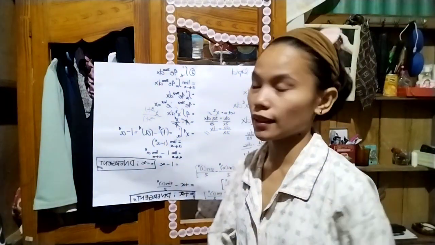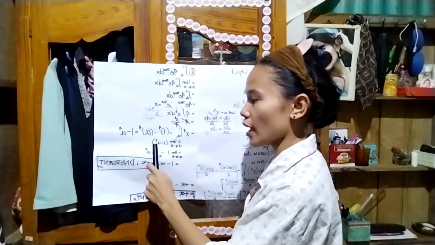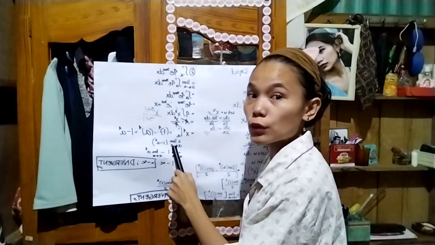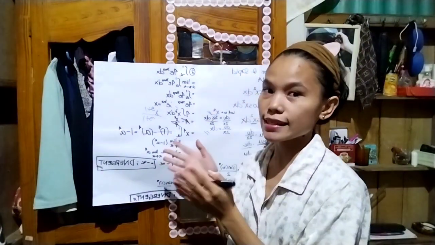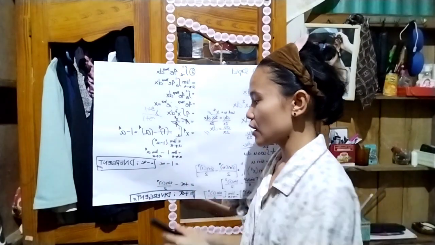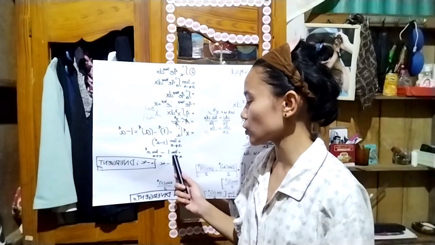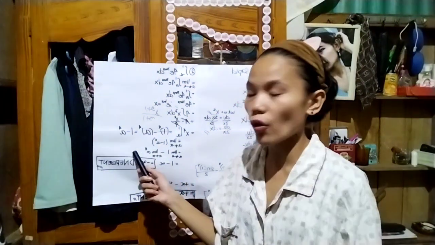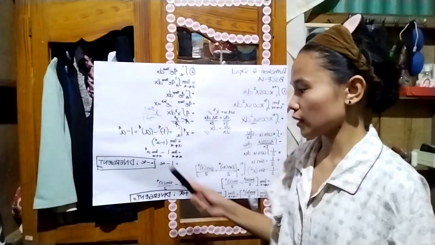So, ato na din siyang i-limit. So, naa tay limit of 1 minus a to the 4th such that a approaches to negative infinity. So, ato din siyang isa-isahon, lahi sa 1, lahi sa a. So, naa tay limit of 1 such that a approaches to negative infinity minus the limit of a to the 4th such that a approaches to negative infinity.